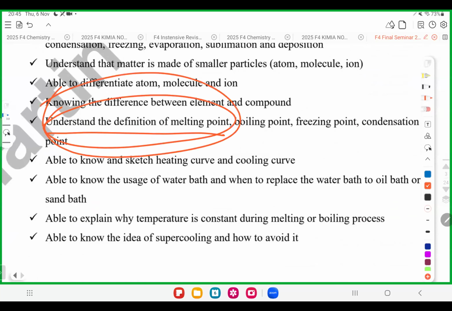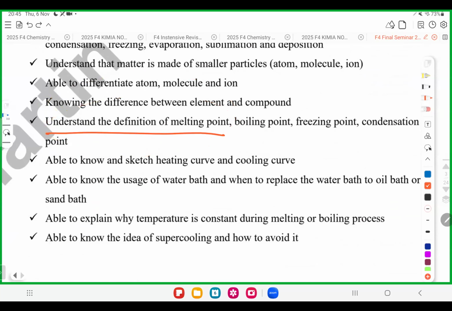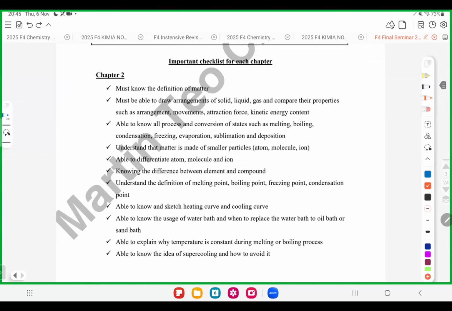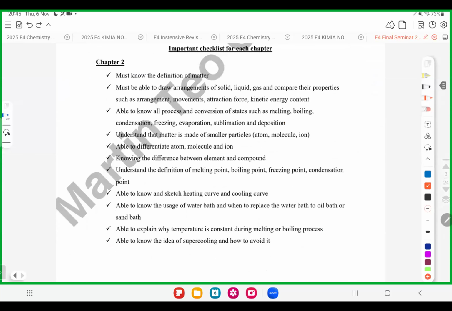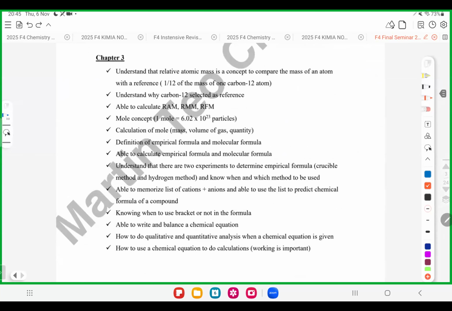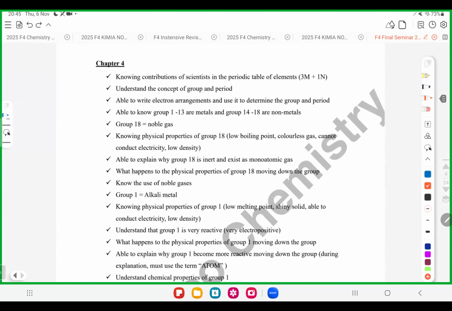Go and read on it. That's why I'm not giving you notes. I give you a checklist so that you can ask yourself, do you know what you should know in chapter 2? Chapter 3? Chapter 4?